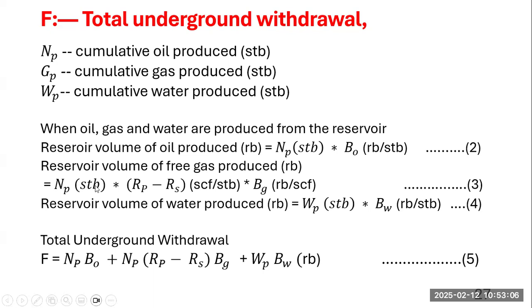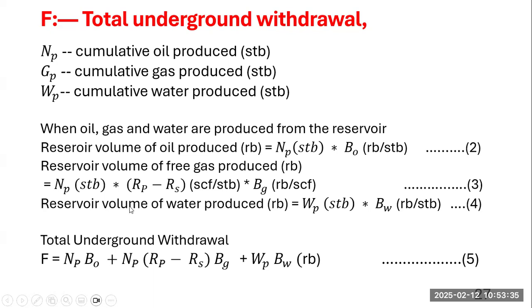Np is in STB, Rp minus Rs is in SCF per STB, and Bg is in RB per SCF. So STB cancels out, SCF cancels out, and you have it in RB. So for your free gas, you have Np multiplied by (Rp minus Rs) multiplied by Bg.